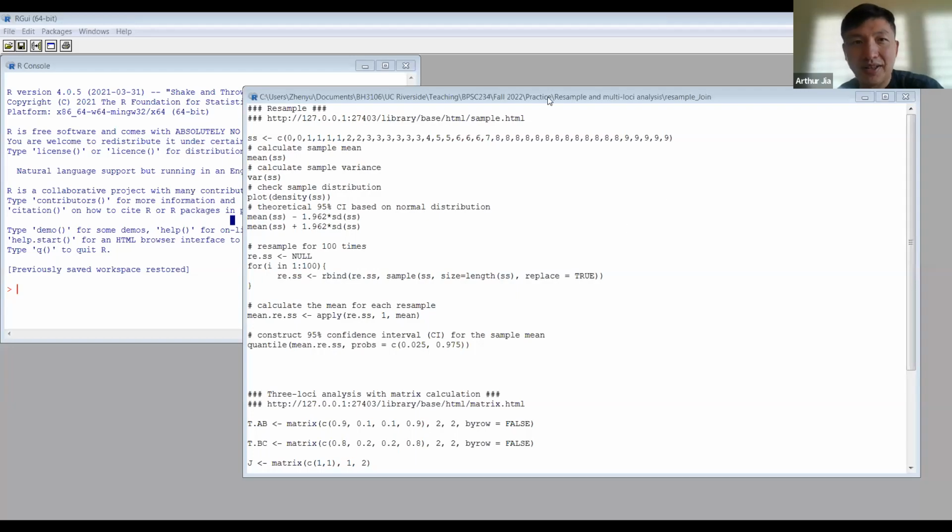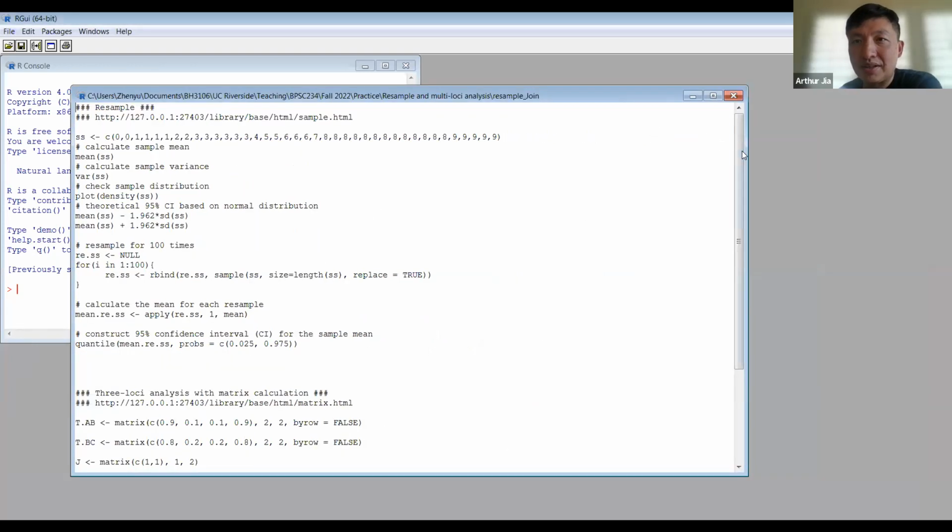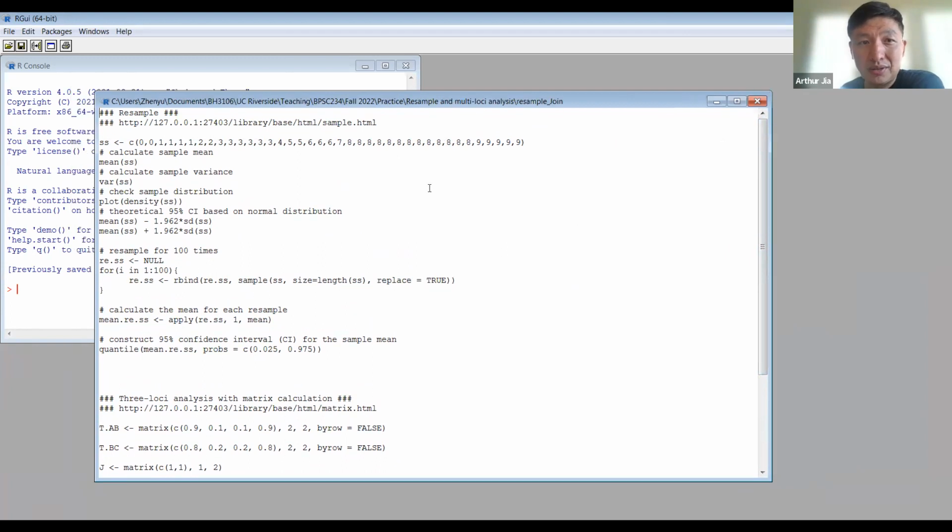Okay, good. All right. In the last practice assignment, I gave you two blocks of R code. Let me explain this a little bit to you, hopefully this can help you understand. This is important for better understanding why we use the bootstrap resampling scheme.